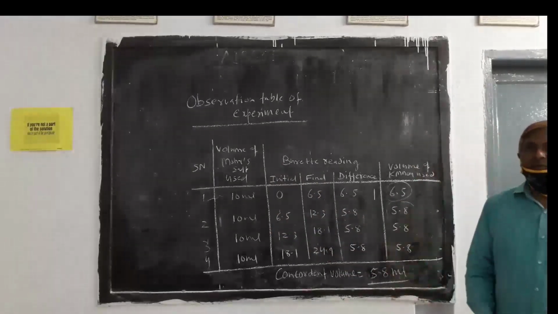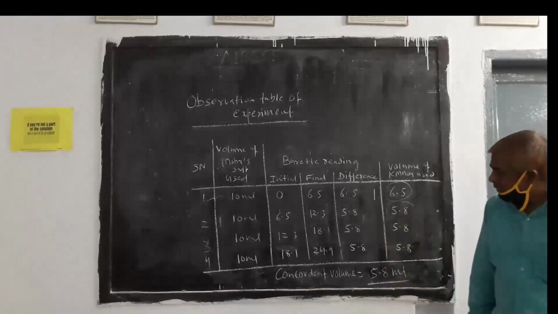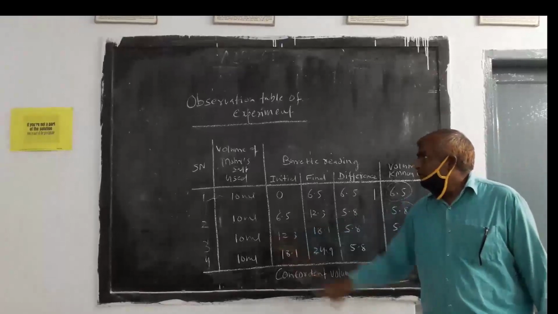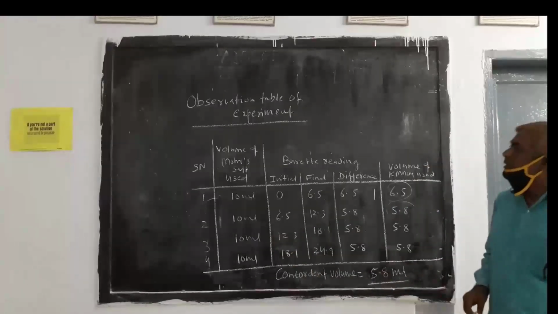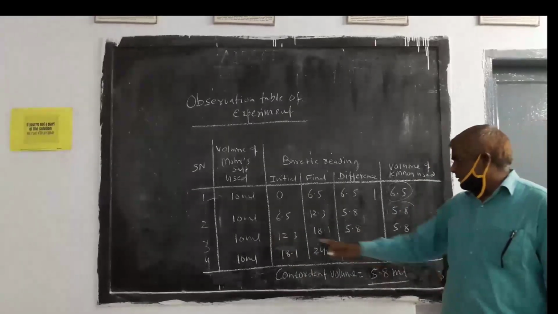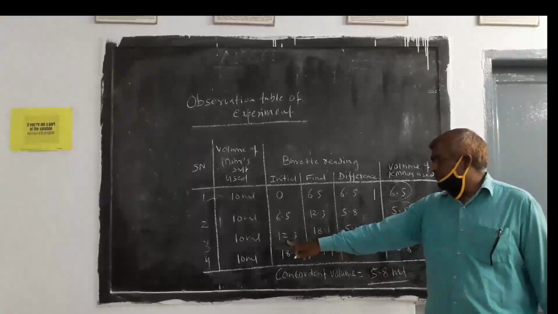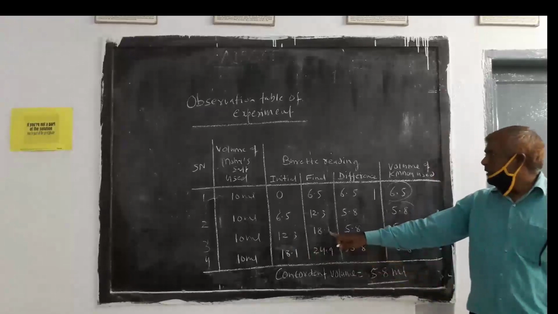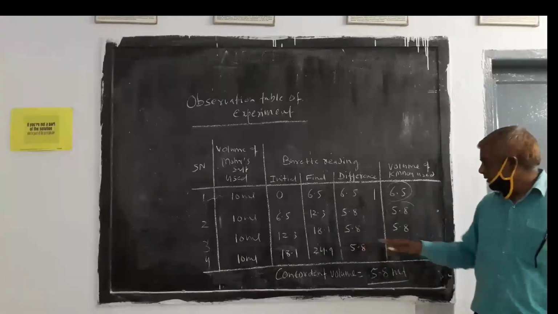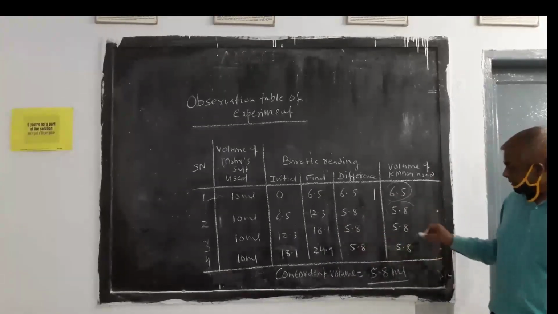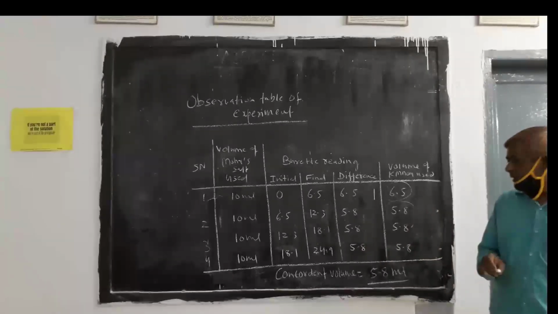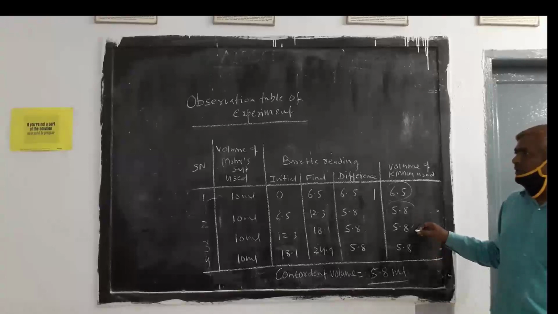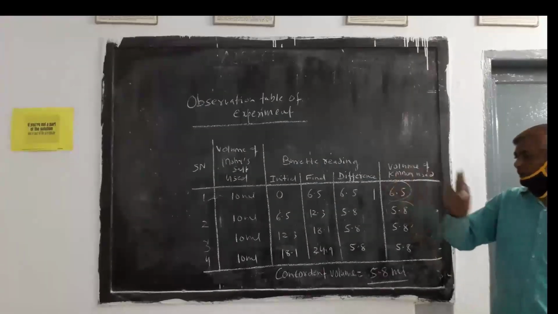In the third observation, again repeated, taking 10 ml of Mohr's salt solution, noted the initial reading was 12.3 and the final reading was 18.1, and the difference was 5.8. Means in the third observation, 5.8 ml of KMnO4 is used to oxidize 10 ml of Mohr's salt.